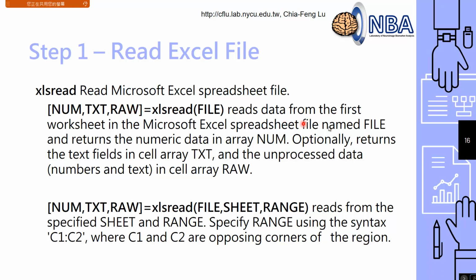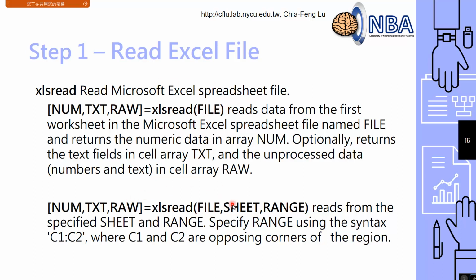So you can see the description: num gives you the numeric data within this Excel file, txt gives you the text fields within this Excel file, and the unprocessed data, meaning nothing changed, including both numbers and text data, is directly given in this raw cell array. Anyway, this is the very first usage.